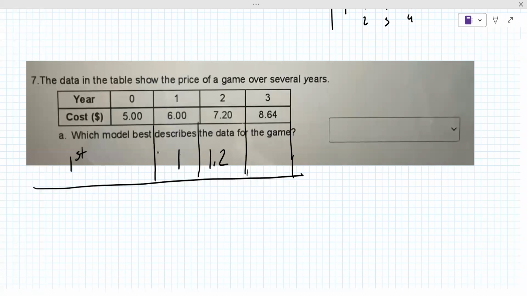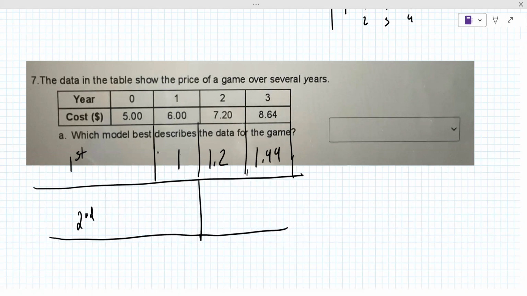Okay. And then the next one, 8.64 minus 7.2. 1.44. Yes. Now, these are obviously not the same, so we'll go to the second difference. We can only do 2 of those here. Can you calculate the 2 differences?